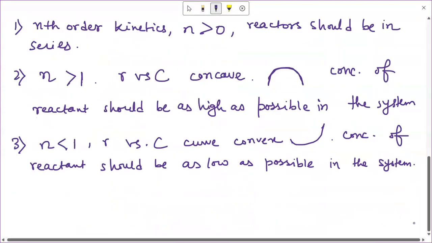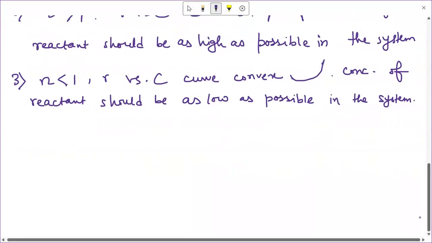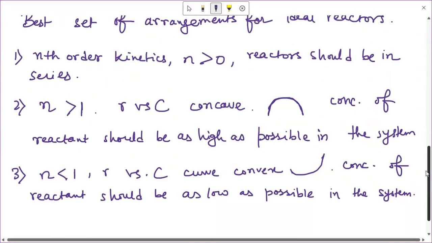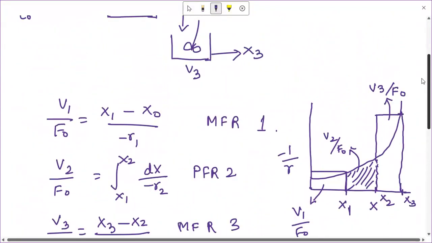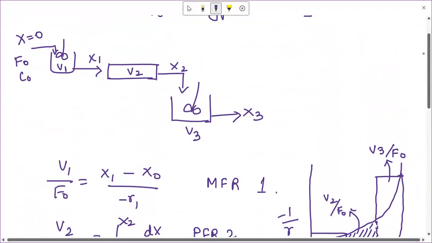To explain this, let us just refer to this example over here that we took, that we had three reactors in series. If we had n greater than 1, that is for the concave case, then we would order it as plug flow unit first, then small mixed, then a large mixed.